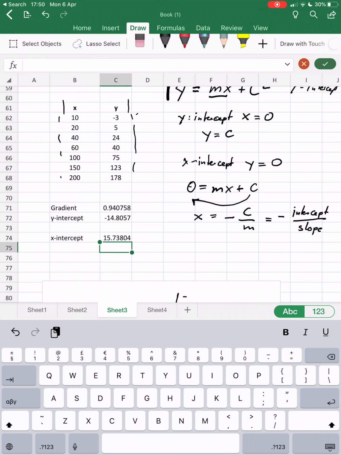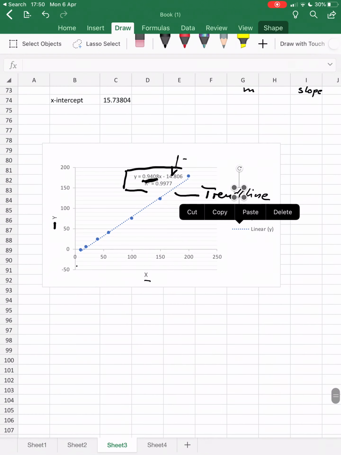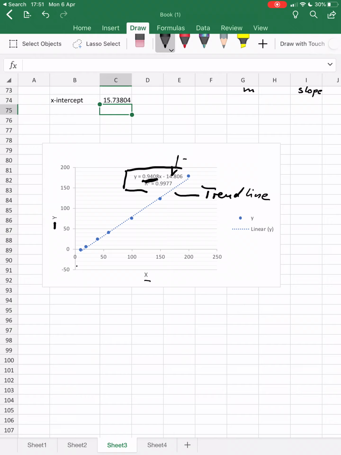And we get an x-intercept of 15.7 in this case. So this would be this point here. And if we extended the line here, then here we would get our y-intercept, and here we've got our x-intercept.